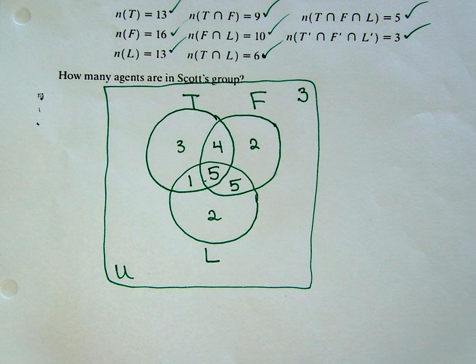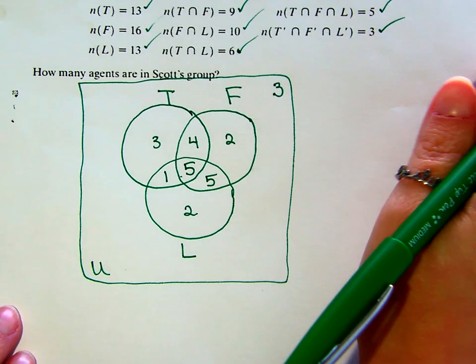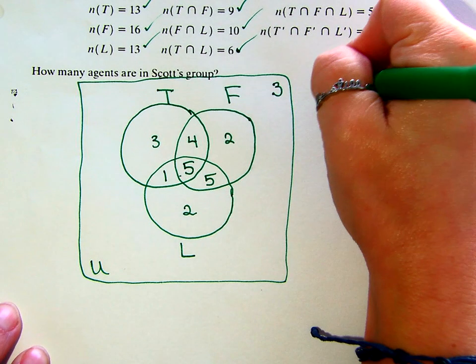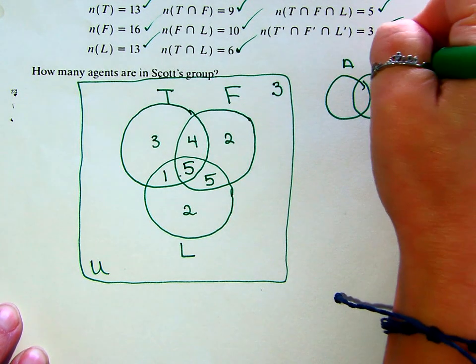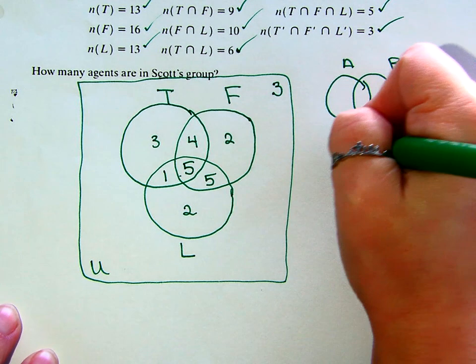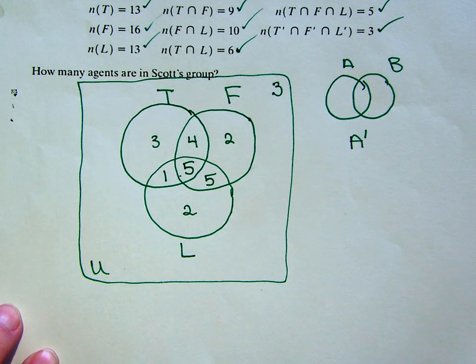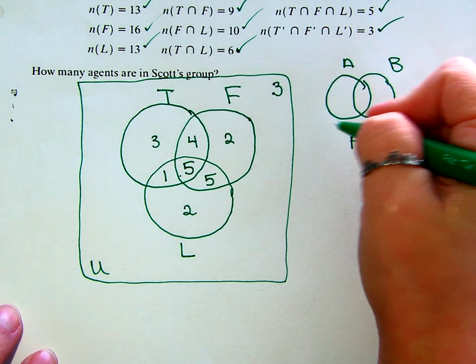So the comma means not, like every time, right? Yep. So you don't live in a specific one. So when we had just 2, A and B like this, if I was looking for A complement, it was everything that wasn't an A, so it was just this over here.